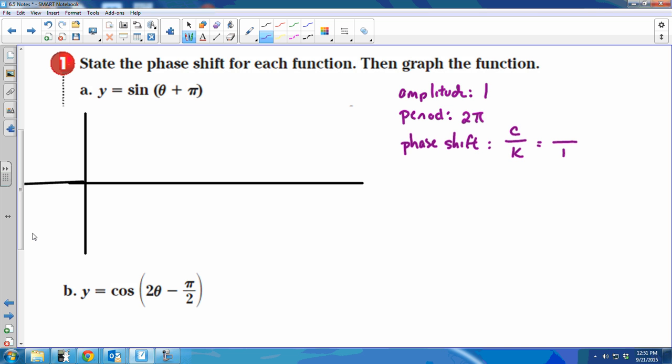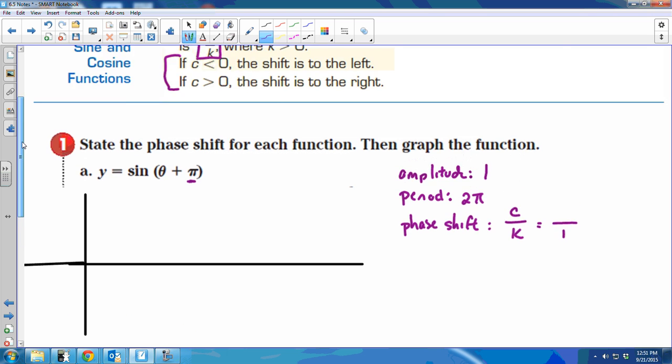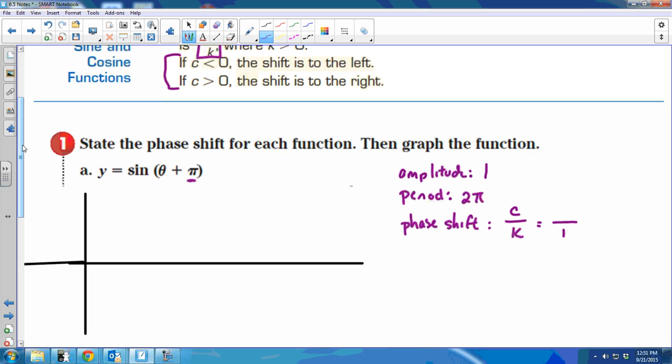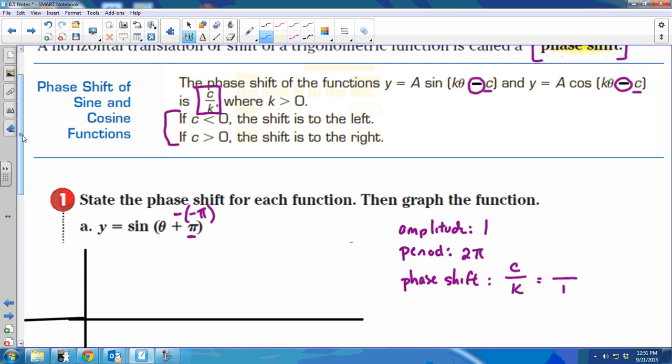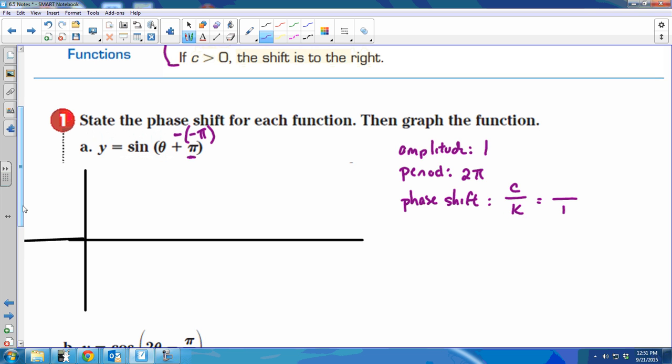Now C is indicated right here, but the original equation has a minus sign, and this one has a plus sign. So that means we have minus negative pi. Everyone following me? The original equation has a minus sign in it, so that's going to help us determine the sign for C. Since there's a plus sign, we're going to change it to a minus sign in our brains or on paper, whichever works, so that you know what sign C has.